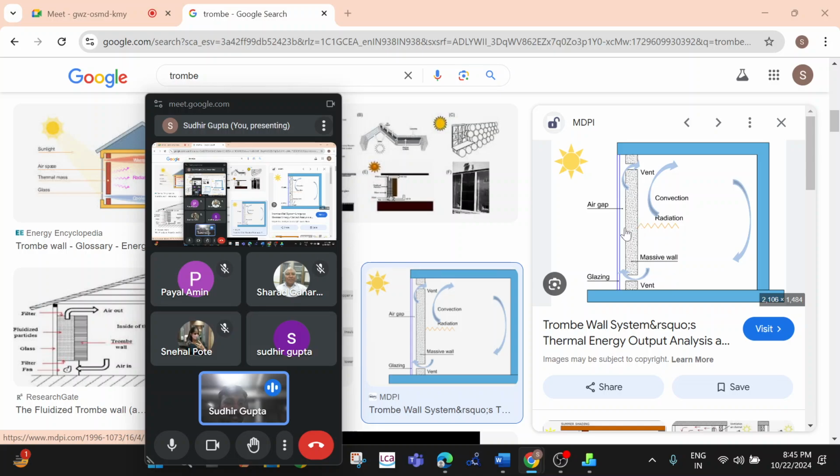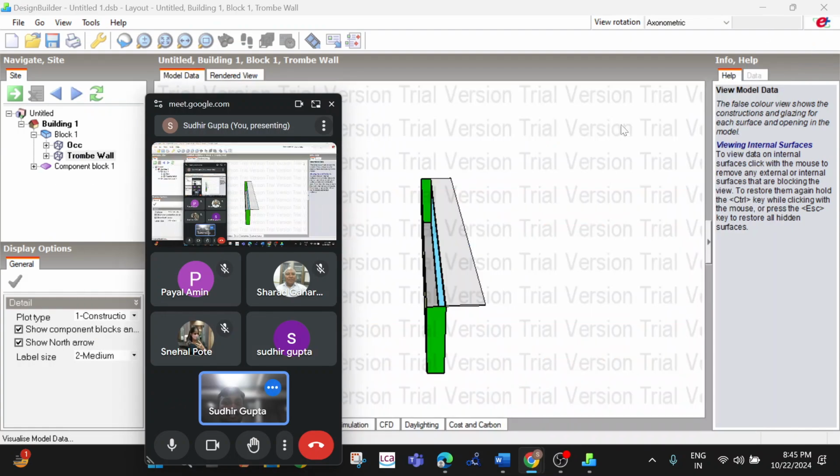This hotter air goes up due to the lower density and then goes inside the building. When it exchanges its heat with the inside air and becomes cooler, it becomes heavier and goes downward. This way air circulation happens, and the building gets extra heat due to the construction of this Trombe wall. This is the kind of feature we try to analyze and construct in the real sense in our buildings.